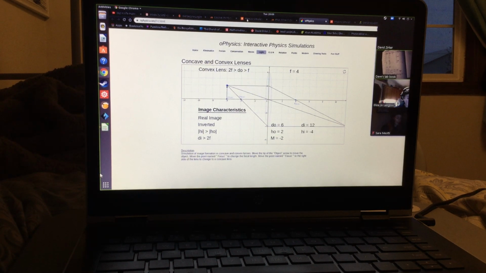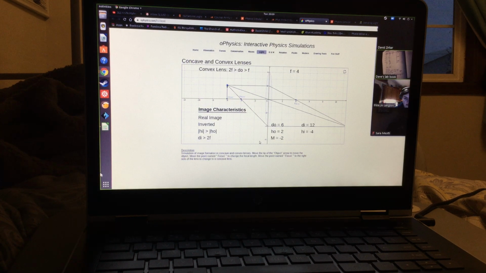So do we need to calculate magnification, or is that what it's giving us right there? That is what is given for this M, this capital M, but I can almost guarantee that magnification will be on the quiz, so you will need to know how to calculate it. Oh, okay. All right.